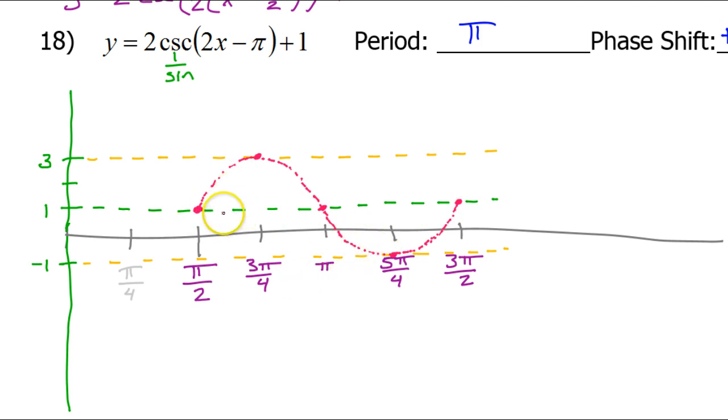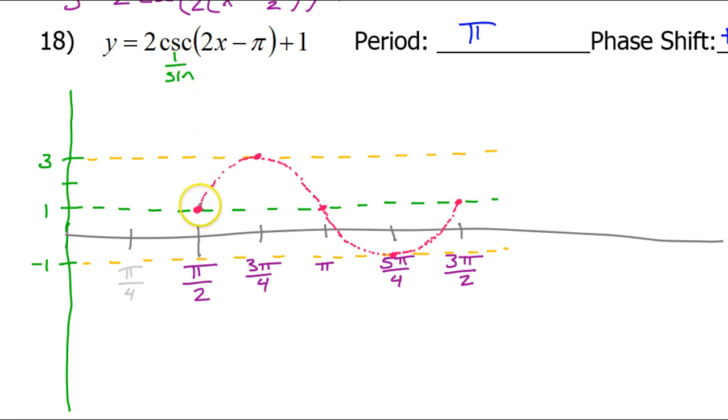Now, because the sine function is in the denominator of the cosecant function, before we did this vertical shift, this midline was the x-axis. So everywhere the sine function was at the midline, it was 0. We were dividing by 0.